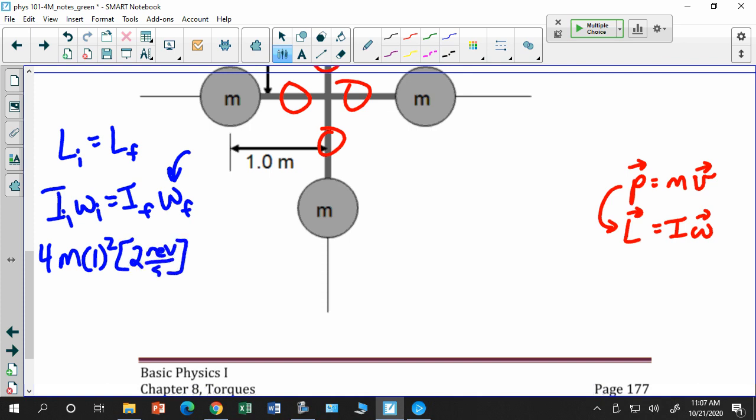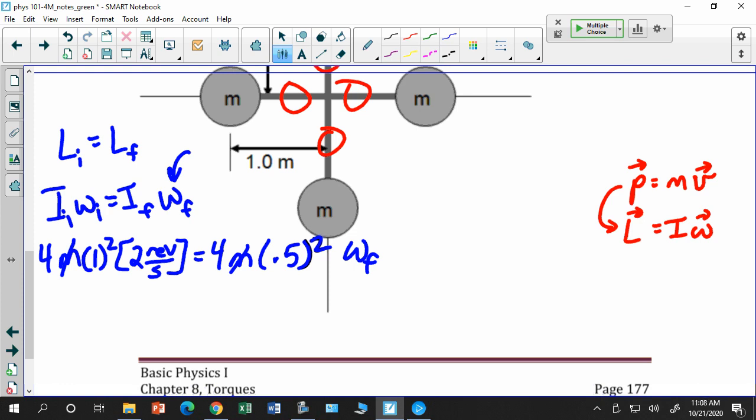Notice that I did not convert this to radians per second. When you're dealing with angular momentum, it's not necessary, because whatever units I put in for omega, I'll get out for omega. And then this will equal 4 times m times 0.5 squared, because I've made the objects move in, they've collapsed towards one another, times our new omega final. So the m's cancel here. Notice they're not relevant. It's just the distribution of the mass that's relevant.